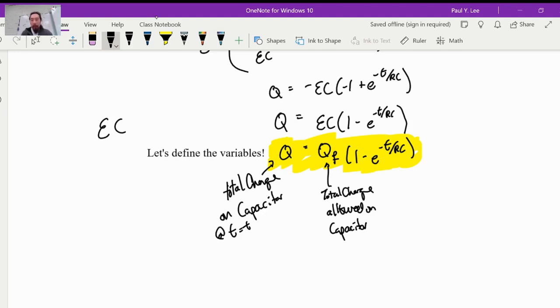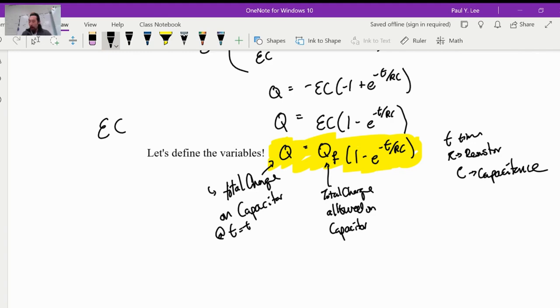I wanted to make that distinction between QF versus just regular Q. That regular Q is there to show how much charge is on the capacitor at the time. QF is the maximum amount. That T is just time. R is the resistor; once again, the resistor in the circuit is a constant, and C is the capacitance, how much the capacitor can hold.